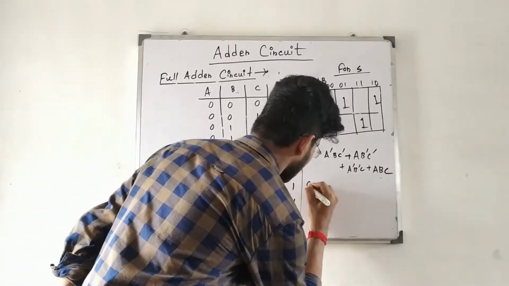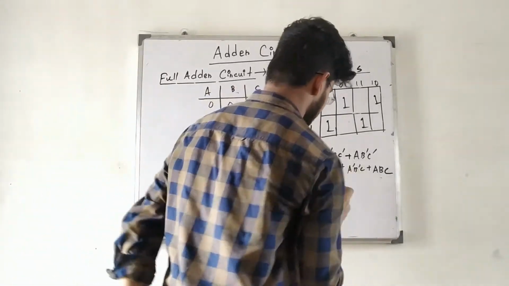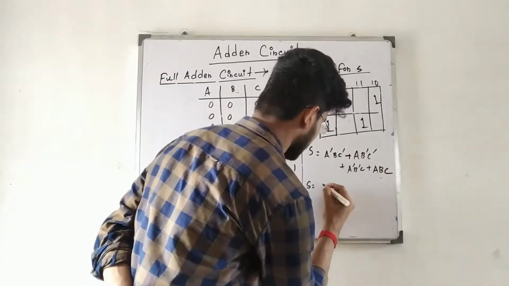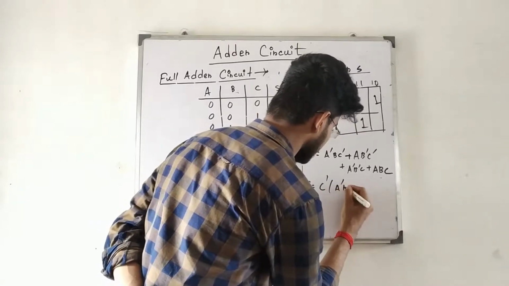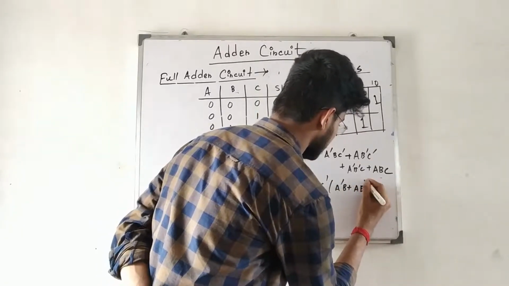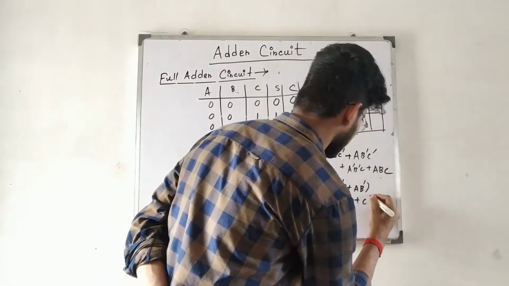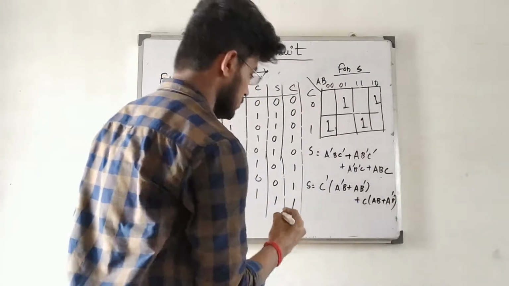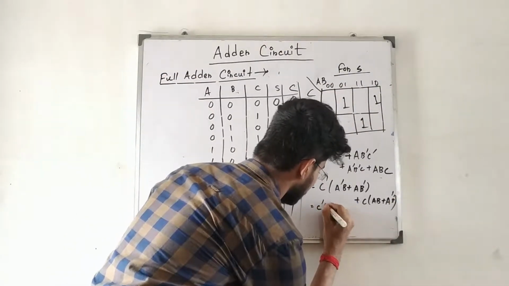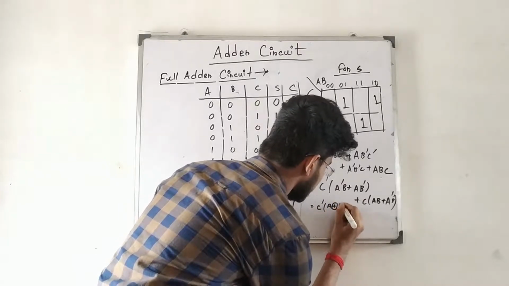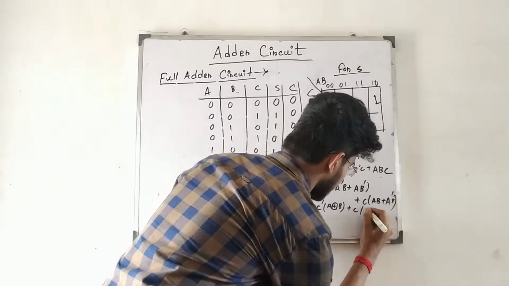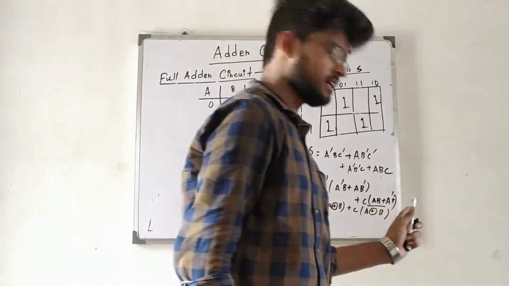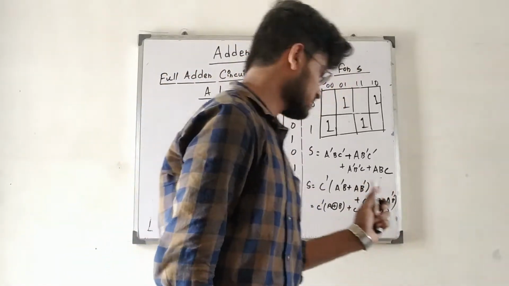If we substitute this, A bar B C bar plus A B bar C bar, and take C bar common, that is A bar B plus A B bar. Taking C common from the other terms, that is A B plus A bar B bar. So this is C bar into A XOR B, plus C into A XNOR B, the complement of A XOR B. A B plus A bar B bar is the complement of XOR.